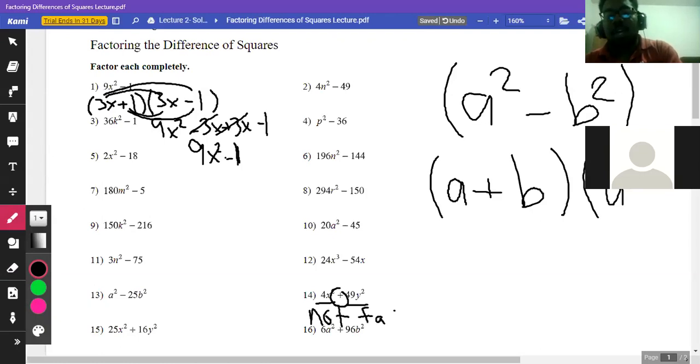In other words, I can't break it any further apart than it's already been broken up. Same with 15. Because I'm adding 25x squared and 16y squared, even though I could find the square root of both of those, I'm going to say that this is not factorable either.